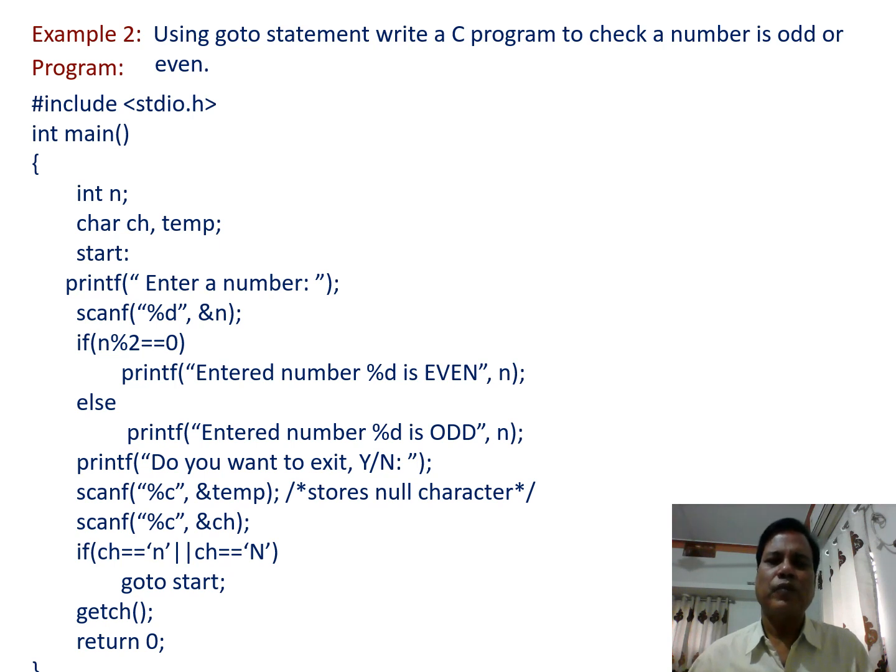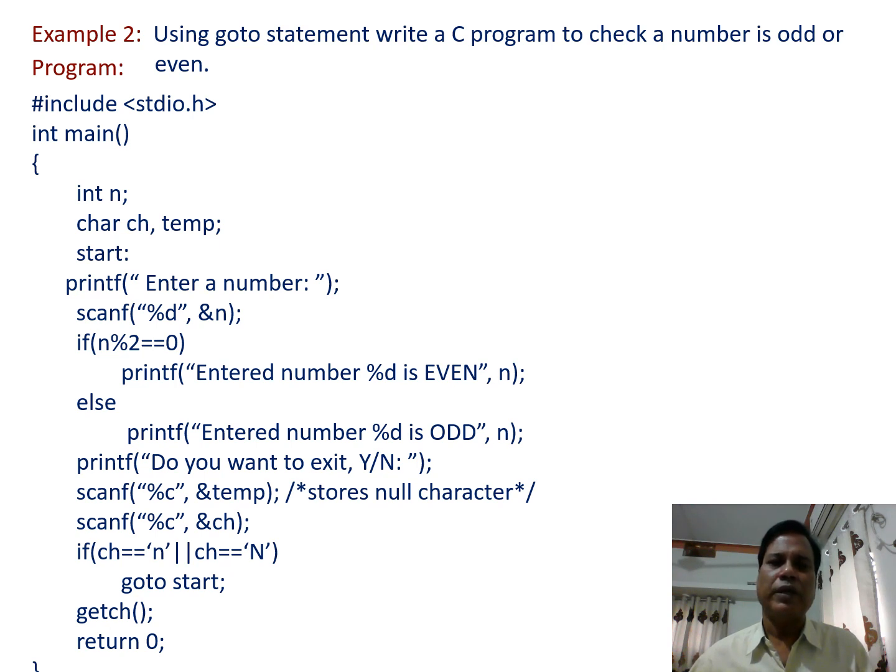If he enters n for no, then with scanf that character is taken in and stored in the temporary variable temp, which is of character type. Then the scanf function with %c and ampersand ch.